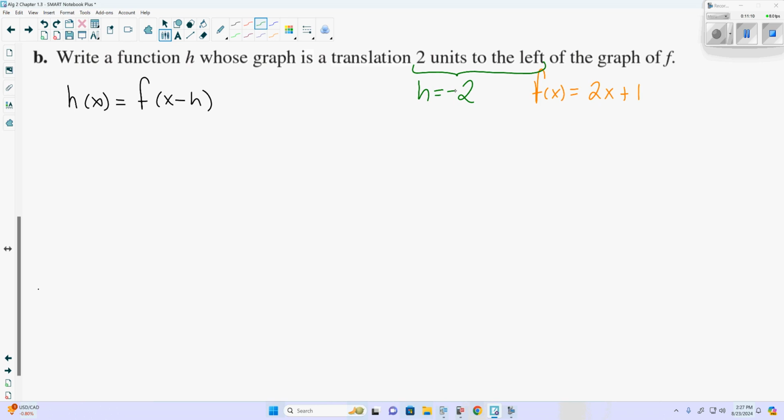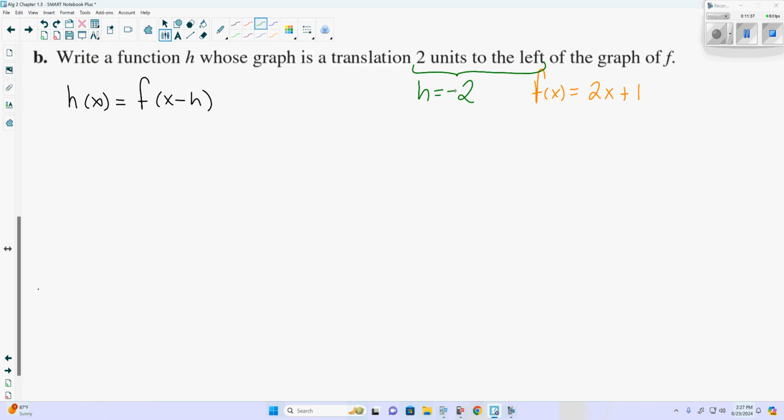And when we're describing the transformation, it is indeed the opposite. When we have the plus inside those parentheses, the h value is actually negative. And when it's negative inside those parentheses, the h value is actually positive. So here it told us what h was. H is 2 units to the left, minus 2.